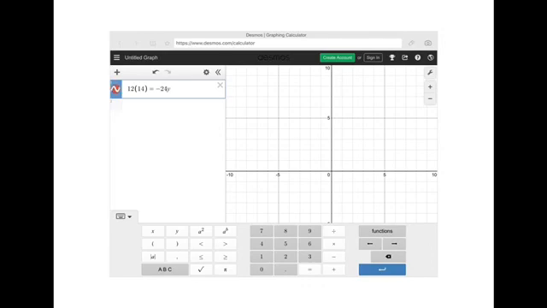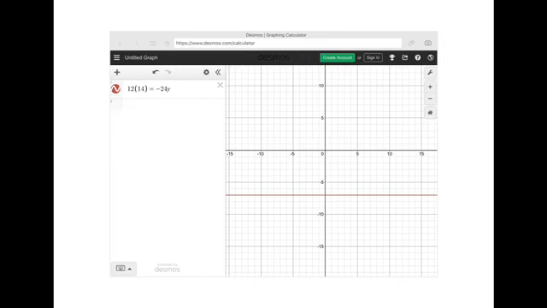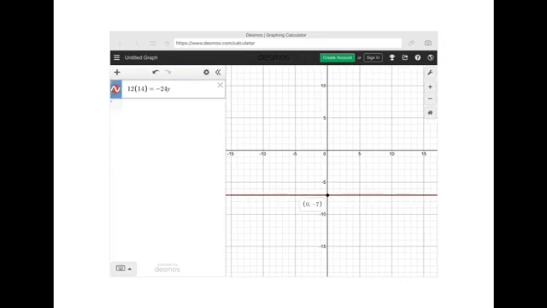Now the key is whatever variable that you typed in, that's where it's going to cross that axis. So as you can see, the answer is -7 as we got for number 1. So we would state that y equals -7. Okay, so it crosses the y-axis at -7.